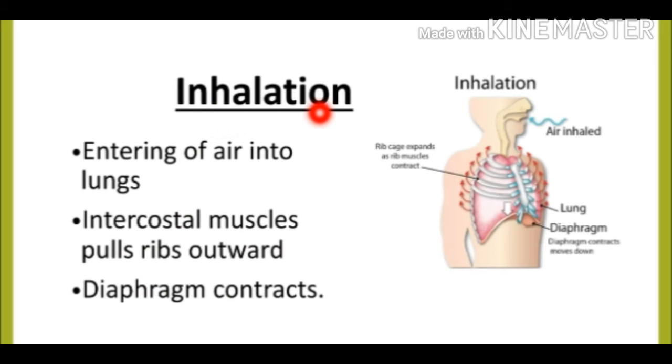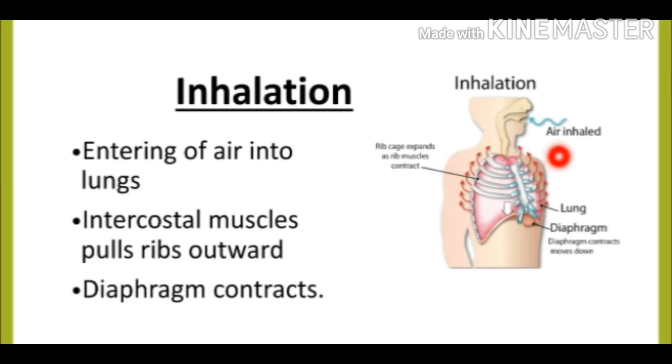What is happening during inhalation? Your intercostal muscles are pulling your ribs outward, as a result of which your diaphragm will contract and the air will move into the lungs. This can be explained with the help of this picture.